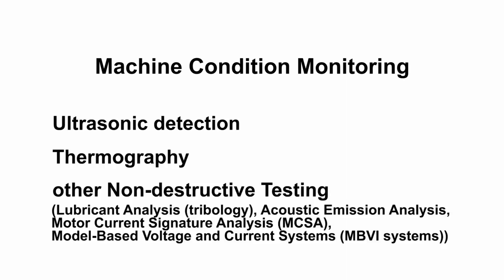The last term to clarify is machine condition monitoring. There are more methods for evaluating a machine's condition and its faults. Besides vibration diagnostics, you may have heard about ultrasonic detection, thermography, or other non-destructive testing. All of these methods are part of machine condition monitoring.